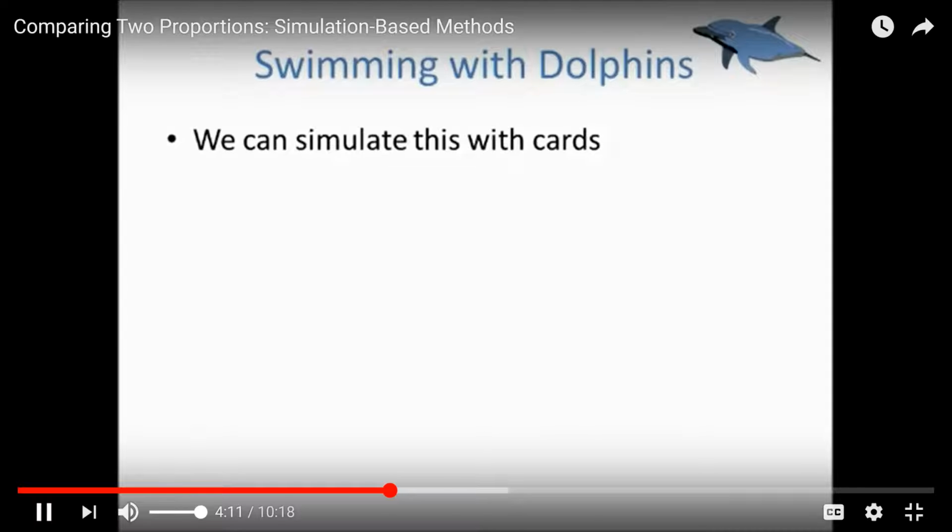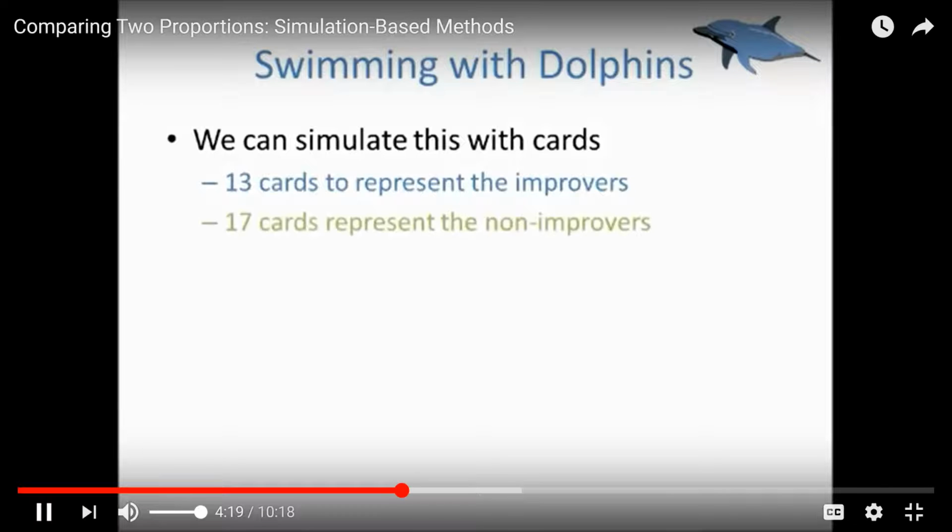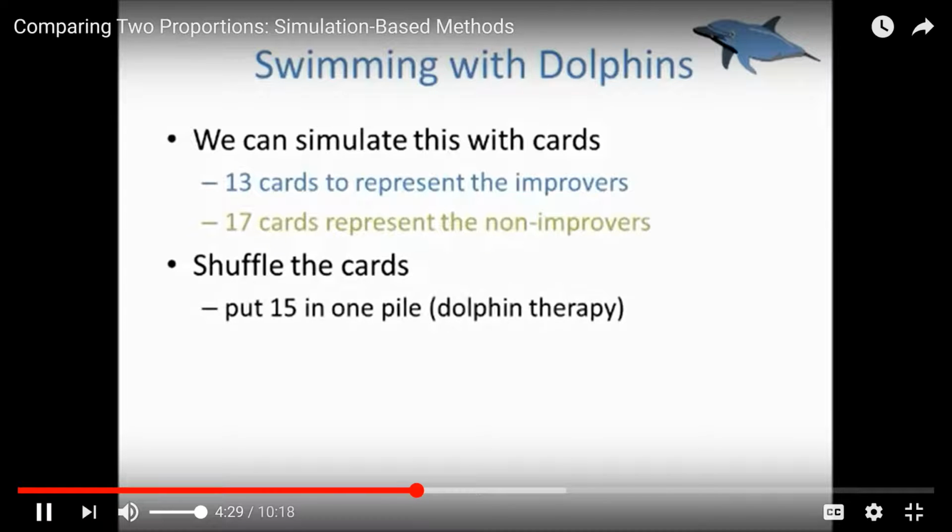We can perform this simulation with index cards. We will let 13 cards represent our improvers, and 17 cards represent our non-improvers. We will then simulate the random assignment process of the subjects to the two groups by shuffling the cards. Then we'll put 15 cards in one pile to represent the dolphin therapy group, and 15 cards in another pile to represent the control group.